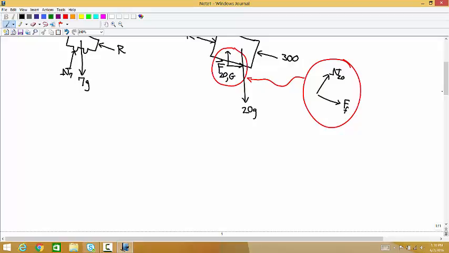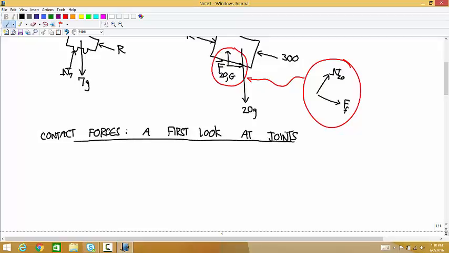All right, now there are a few types of contact forces we need to talk about, and you can think of this as a first look at joints. Joints are going to be a big thing in this class, figuring out how to treat the connections between bodies. So a joint is a connection between bodies.